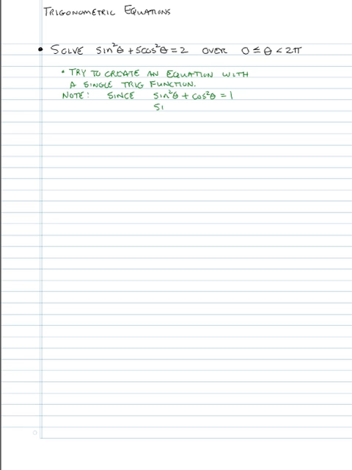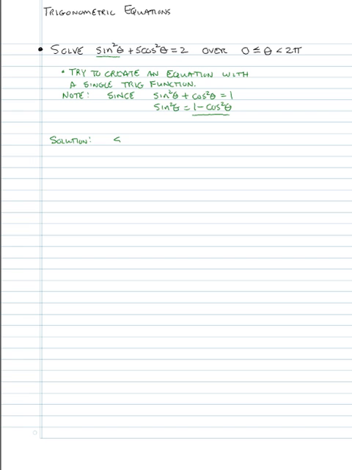See here, if I subtract cosine squared theta from both sides, I end up with sine squared theta is the same as 1 minus cosine squared theta. So if we look at this sine squared theta, we could replace it with 1 minus cosine squared theta, and then we would have an equation that only had cosines in it. So that's how we're going to go about doing this.